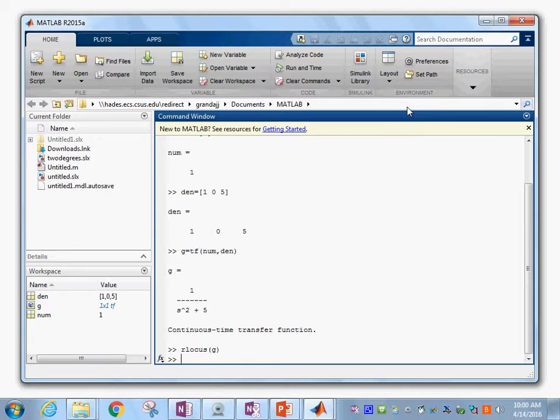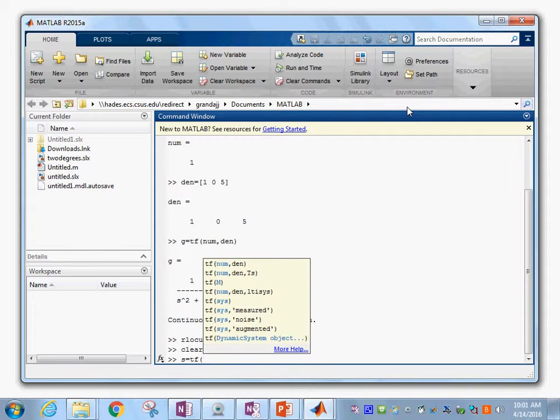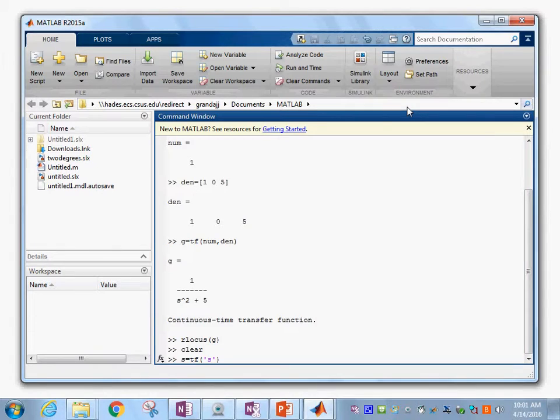We're going to do something a little different here. First of all, let's clear all variables, and then we're going to say S is equal to the transfer function of S. Let me see if this is correct.